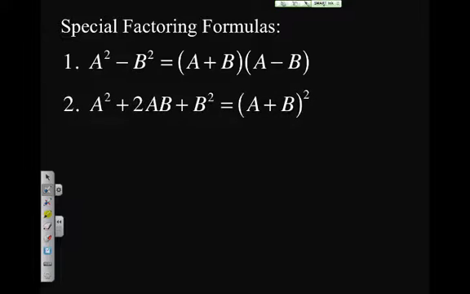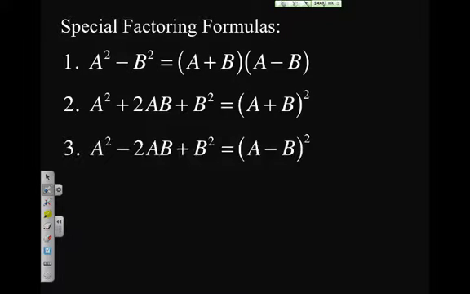The second is what we call a perfect square trinomial. I don't spend a whole lot of time with this because by the time you recognize it's a perfect square, you can just factor it the way we've already learned. The same thing for number 3. This is a perfect square trinomial, and the reason they call it that is because your answer is a perfect square. But again, don't spend time trying to recognize that pattern.